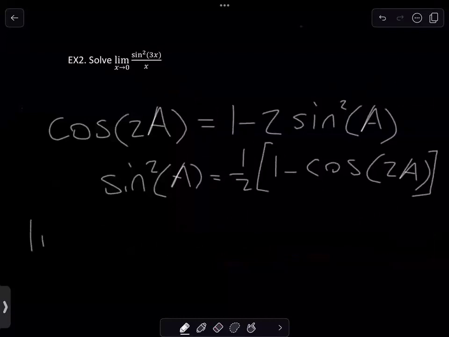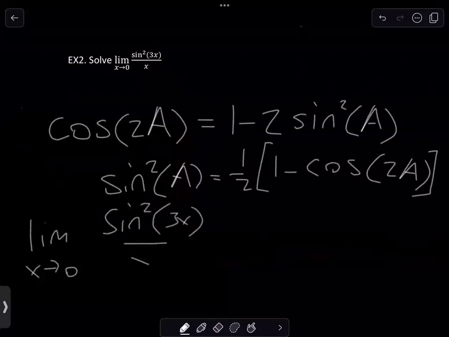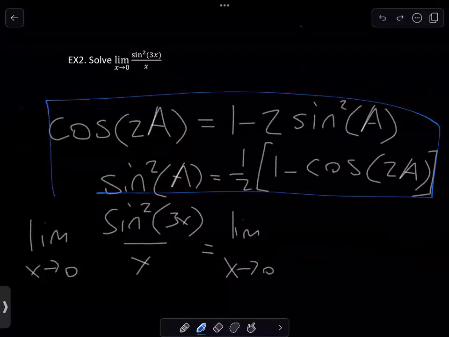So the limit as x approaches 0 of sine squared 3x over x is equal to the limit as x approaches 0. And for the sine squared 3x, I'm going to use this trigonometric identity on the top.